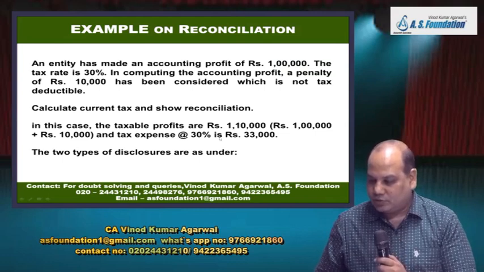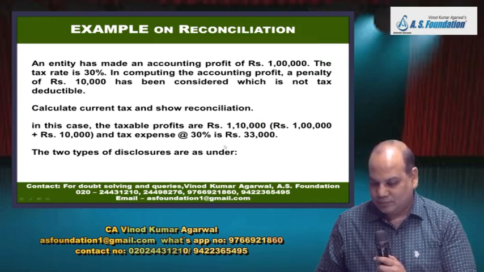Why 1,10,000? 1 lakh is your PBT, 10,000 expense disallowed, which is not a tax deductible expenditure. So plus 10,000. So you will get 1,10,000 into 30%. So therefore tax expense is 33,000.